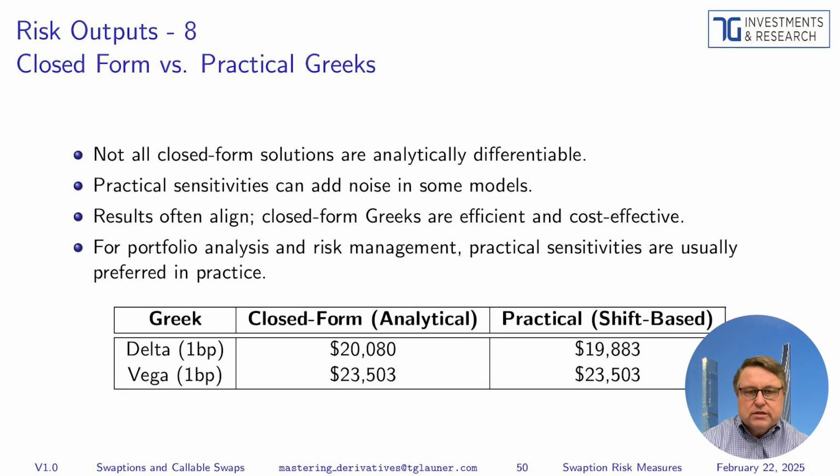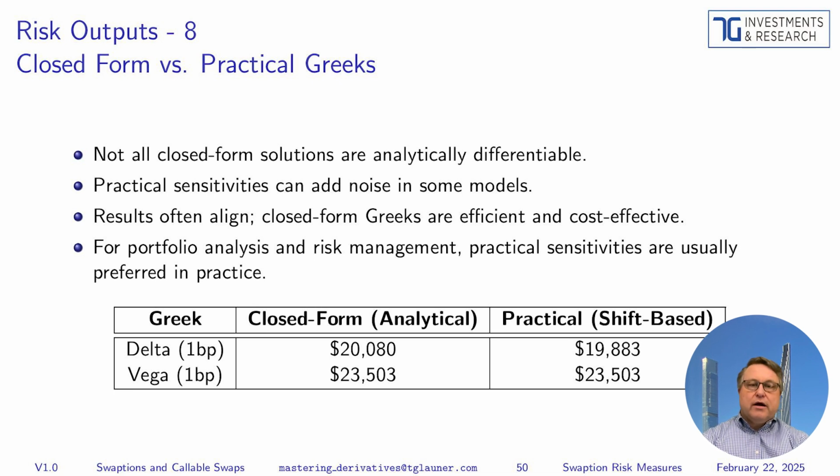We are finishing this section by comparing the closed form and the practical Greeks, highlighting their advantages and the trade-offs. A drawback of closed form solutions is that not all formulas are analytically differentiable, meaning that some models do not allow for exact mathematical differentiation.